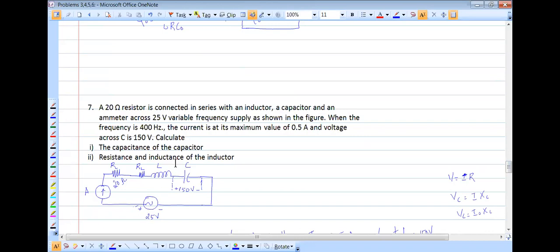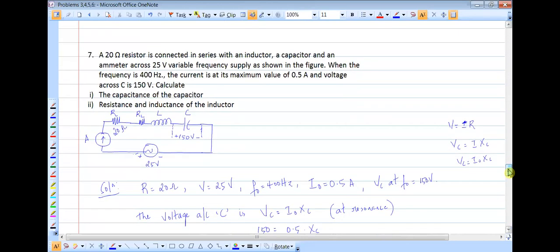They don't say current at resonance directly here, but they say it's the current at its maximum value. So the current at its maximum value has to be current at resonance only. Everybody understand? So that's why we have taken the given data as I naught, which is 0.5 amperes. But it's not only R which is there in this series circuit. Along with R, there is another resistance RL.